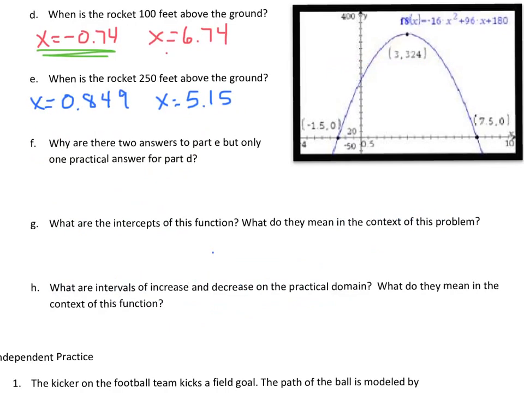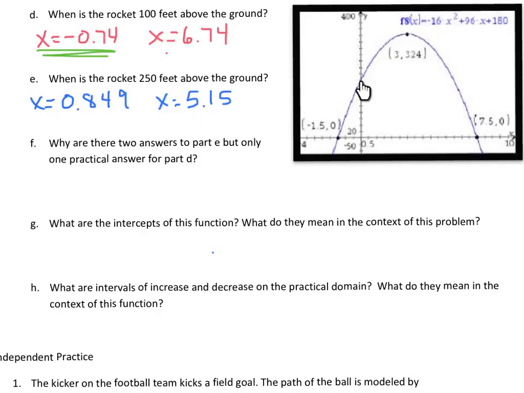For F, why are there 2 answers for part E but only 1 practical answer for part D? Well, already underlined here in green, you can see that x equals negative 0.74 is not going to be in the practical domain. So when this rocket is launched, it starts off at 180 feet. It hits 250 feet on the way up and on the way down, creating 2 different answers.